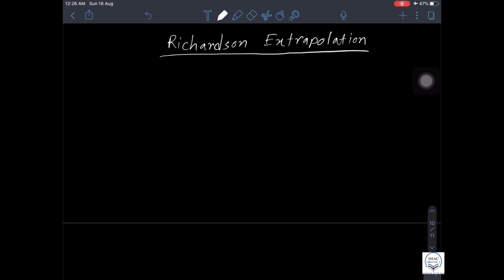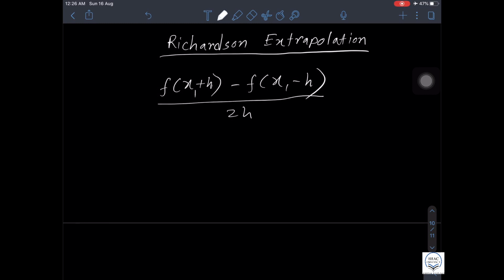So if you remember correctly, the formula for the central difference was written something like this: f of x1 plus h minus f of x1 minus h by twice h. And you can calculate different values of h.